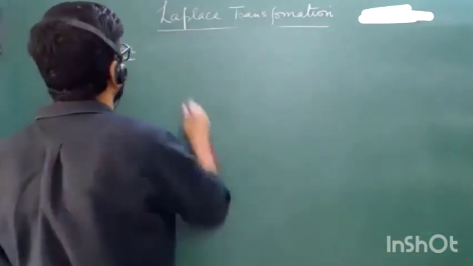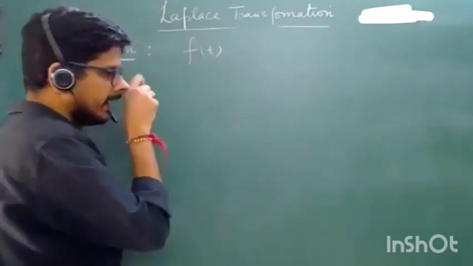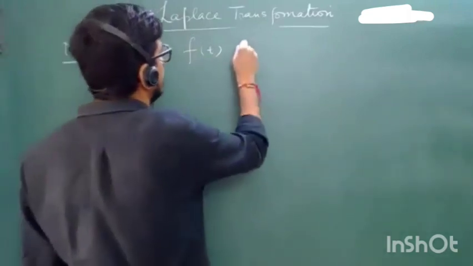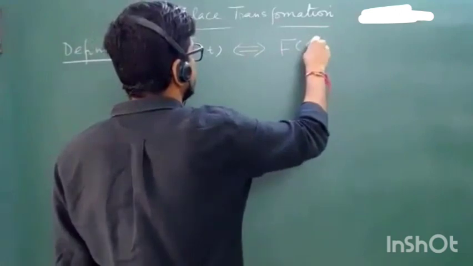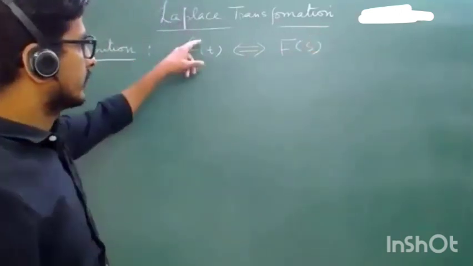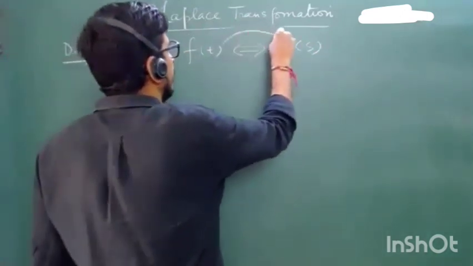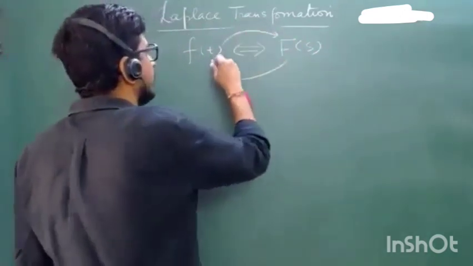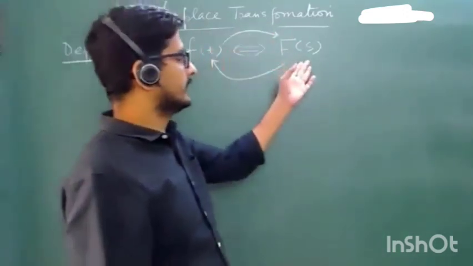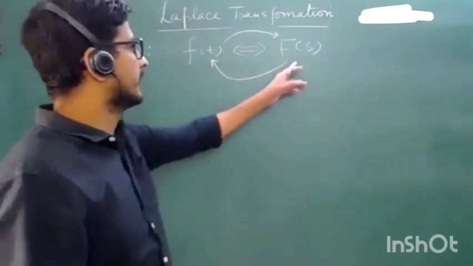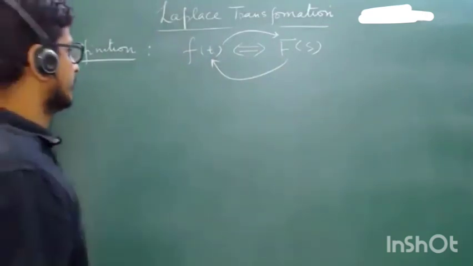Suppose you have a function f(t). Okay, f(t) is a function, and we convert it to Laplace space, and that is known as F(s). So conversion of this to this is Laplace transform, and conversion of this back to this is inverse Laplace transform. So conversion of the function to this function F(s) is Laplace transform, and conversion of this function back to f(t) is known as inverse Laplace transform.